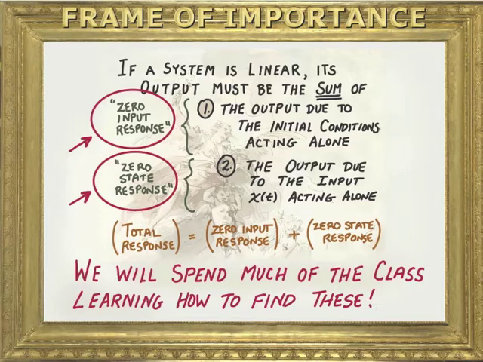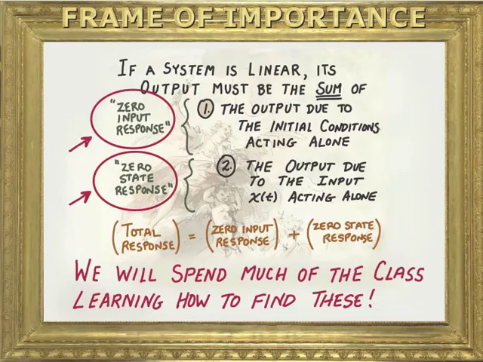In this course, I've found that students often don't know when a result is really important. And since your instructor thinks almost everything in each lecture is really important, often I don't spend enough time emphasizing. But I'm using a special device here which I'll use a few times in the course, and that is the frame of importance.